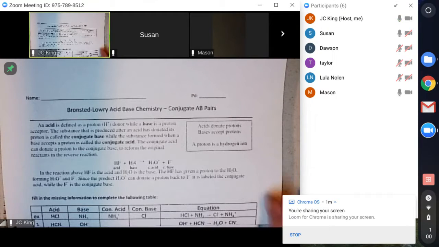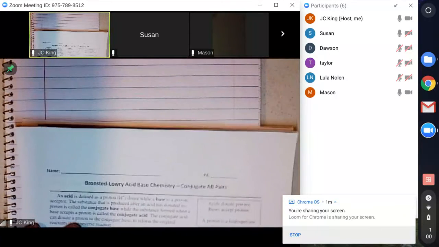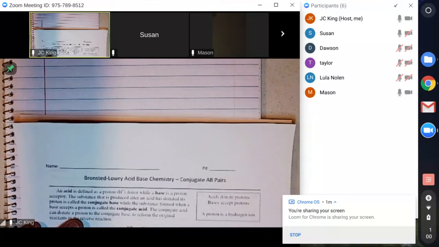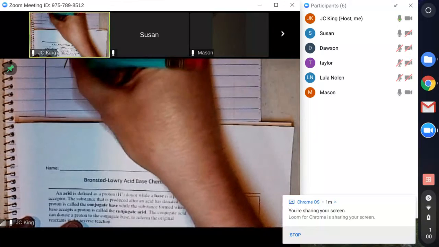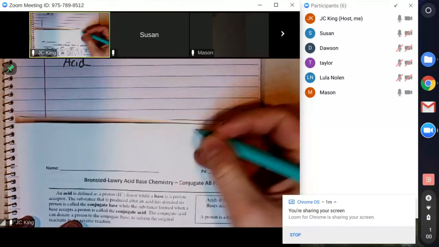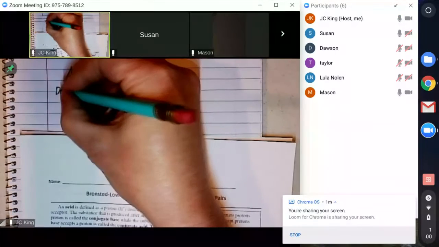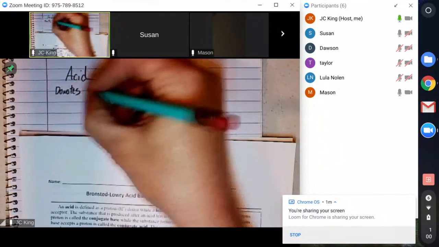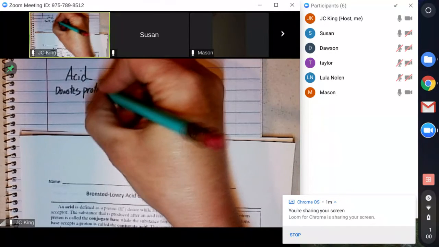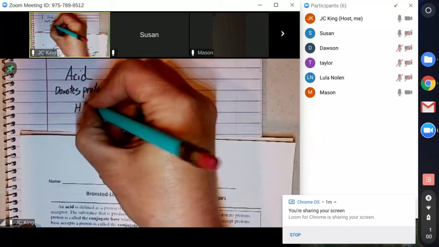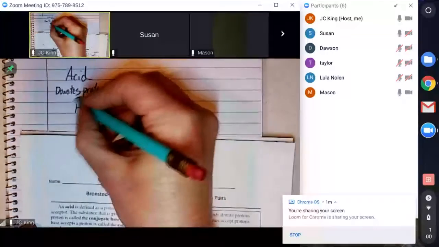We'd started talking about how when you're looking at a Bronsted-Lowry acid and base, the acid was defined as the substance that donates the protons. Okay. And a proton, for our purposes, is just going to be a hydrogen ion.